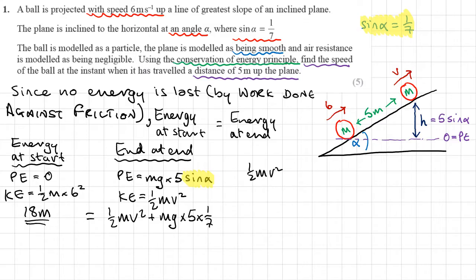v squared plus, and then if I work this out here, I'll basically have 5 over 7 mg. 5 over 7 mg is equal to 18m, and I need to find v.